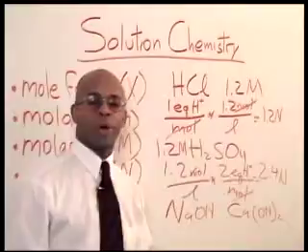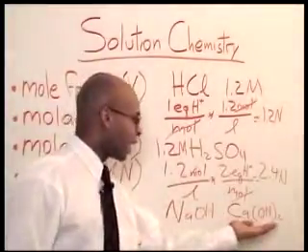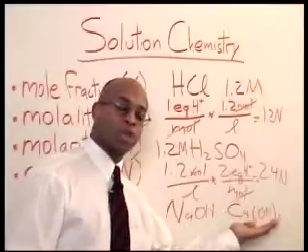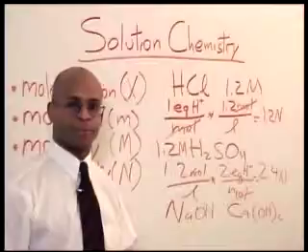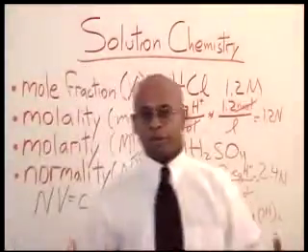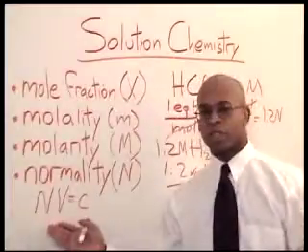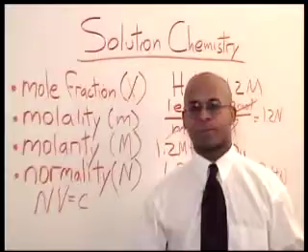Therefore, there are two OH groups which can be dissociated, and its normality will be twice as much as its molarity. So these are examples of normality, and all of this comes down to this basic equation where N1V1 will be equal to N2V2.